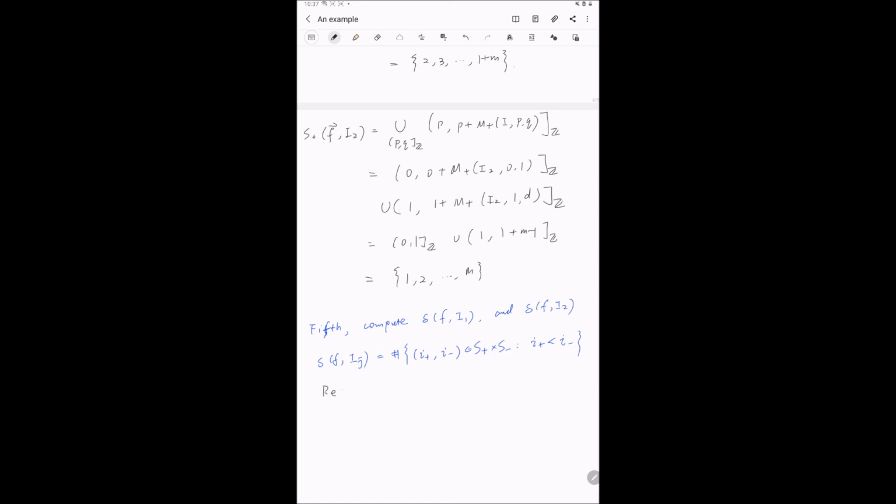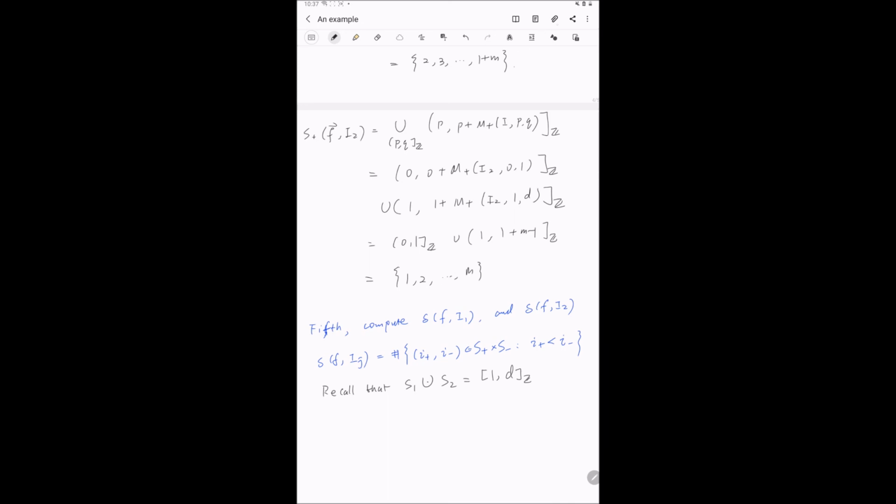And we also recall that S1 and S2 are disjoint, and their union is precisely the integers from 1 to d.